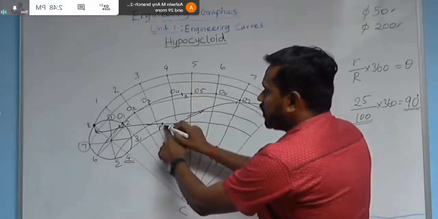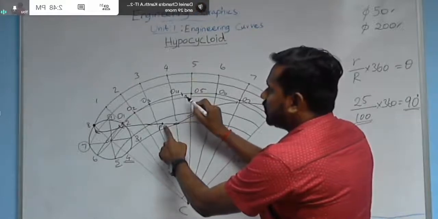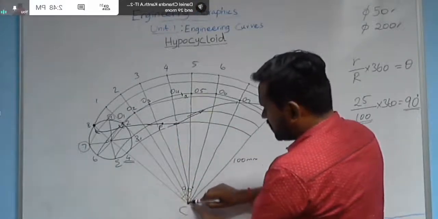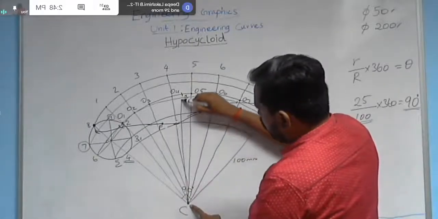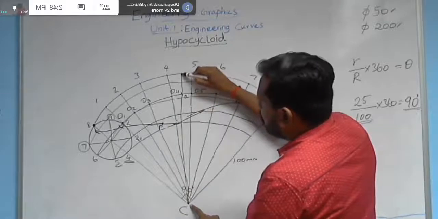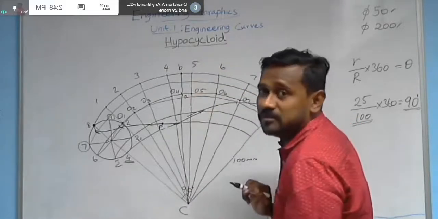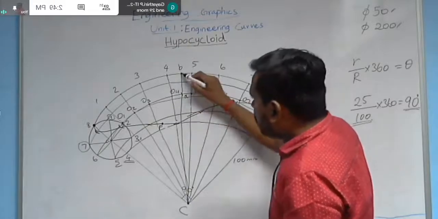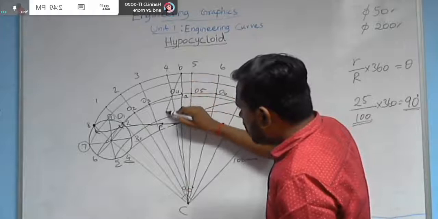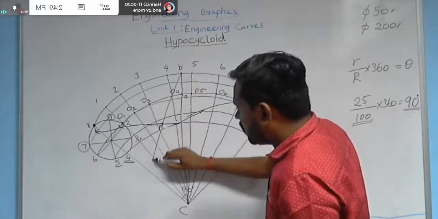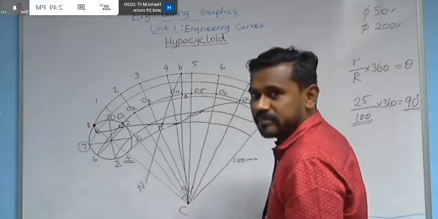And from this point I am cutting one arc in the arc of centers. That point I named as A. So from C, draw a line through A up to reaching the directing arc. And in the directing arc, you will get one more point, that is nothing but point B. Okay. So from point B, draw a line towards point P. This line is nothing but the normal.